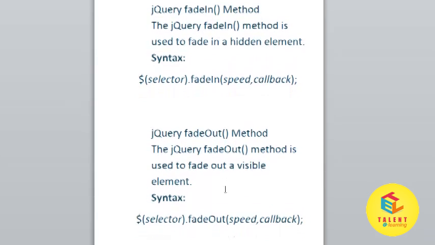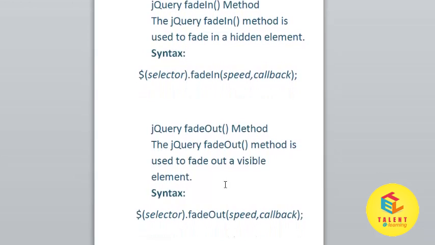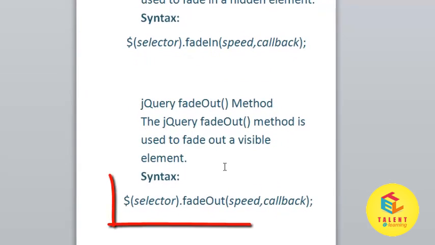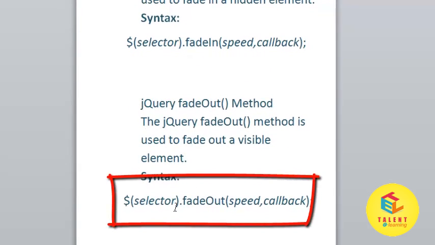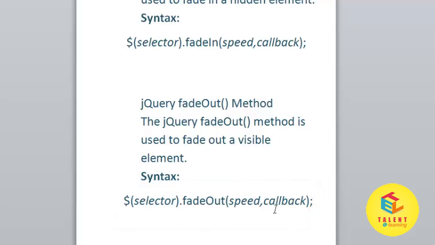Then the jQuery fadeOut method. The jQuery fadeOut method is used to fade out a visible element. This is the syntax for the fadeOut method: dollar, selector, dot, name of the method which is fadeOut, and inside the parameter you can pass speed and callback function.